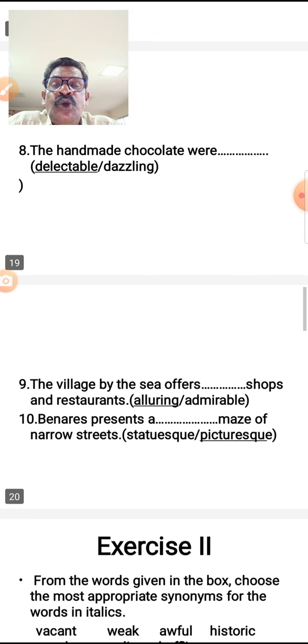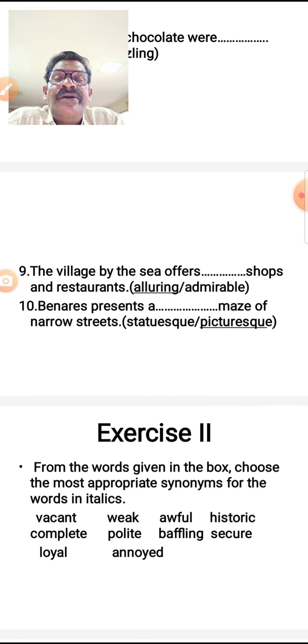And let us come to sentence number 9. The village by the sea offers alluring shops and restaurants. Two words have been given in the bracket, alluring and admirable. Alluring should be the perfect word there.